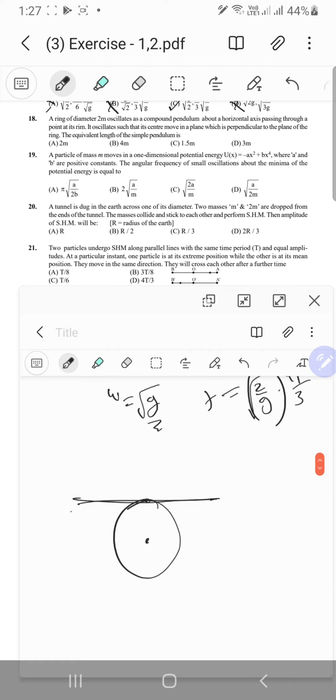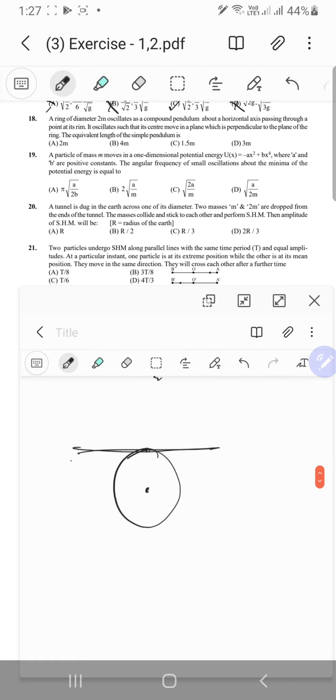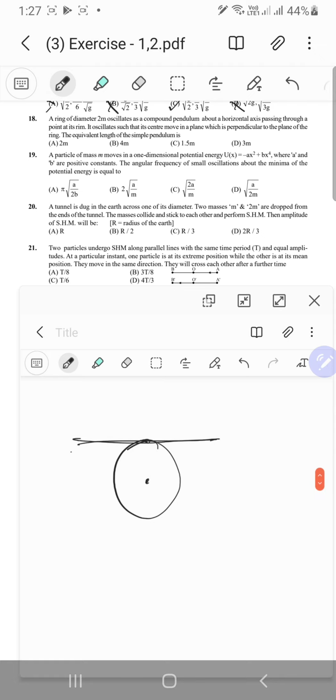So it's perpendicular to the ring as well. Then the equivalent length of the simple pendulum is, fine. So we want the equivalent length. If we were to find it as 2 pi square root of L by g, then what would be the length?